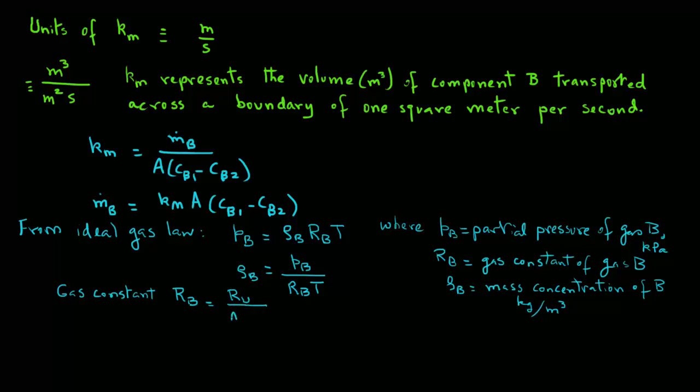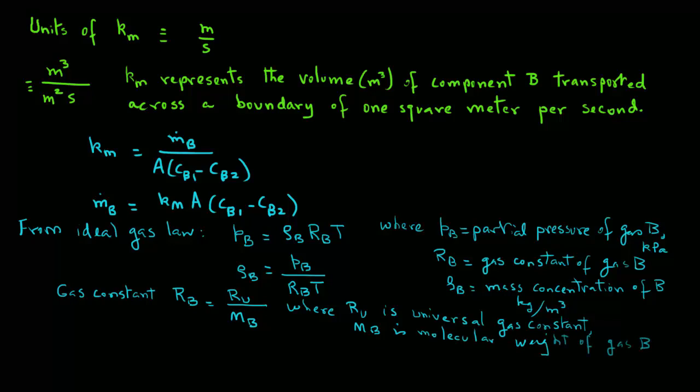So Ru is the universal gas constant and Mb is the molecular weight of gas B. So we can substitute for Rb in our earlier expression. The mass concentration of B, rho B, equals Pb times Mb divided by Ru times T.